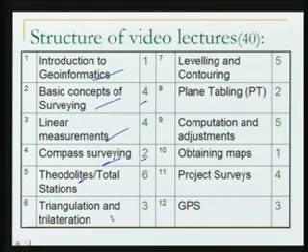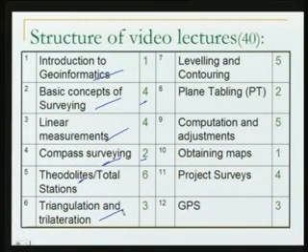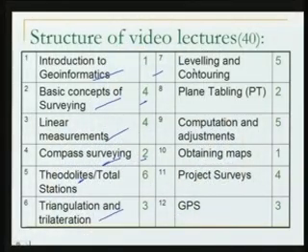And then later on we will be going for some control surveying, that we will cover in triangulation and trilateration. Then the 7th module is about leveling and contouring. The 7th module of leveling and contouring is basically about the control in the z dimension, or control in vertical.